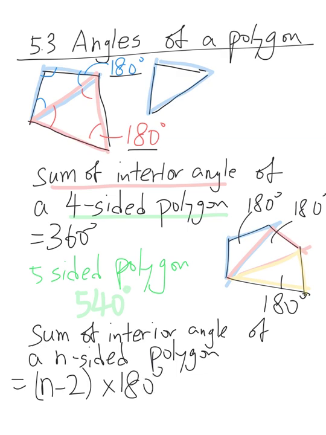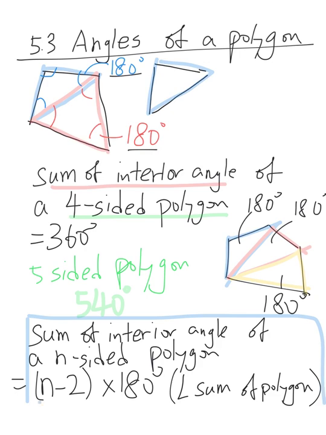So there is a reasoning for this formula, called angle sum of polygon. Okay, so this is another thing that we're going to learn, which is a new thing. And there is a theorem that you need to remember, which is quite easy. It's called angle sum of polygon. And the formula is (n minus 2) times 180 degrees.